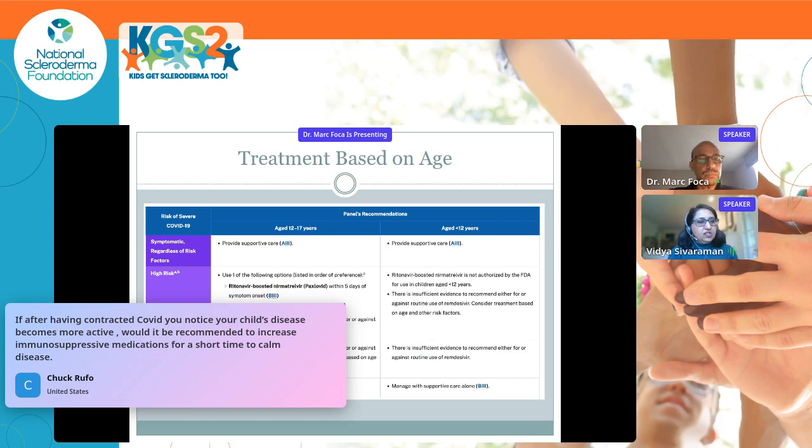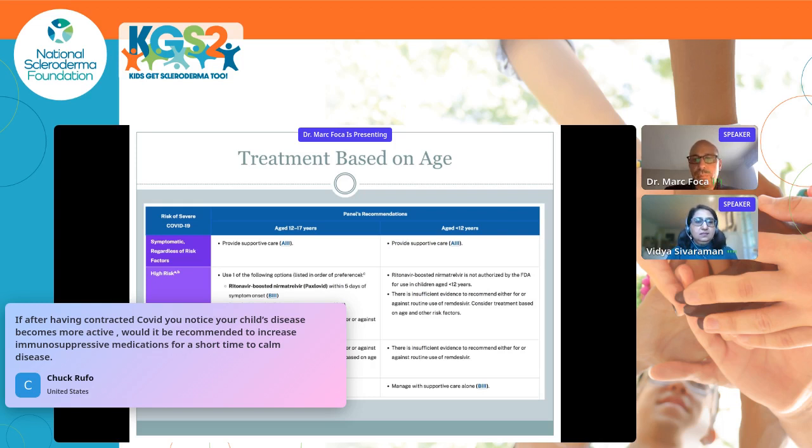Our next question is, if after having contracted COVID, you notice your child's disease becomes more active, would it be recommended to increase immunosuppressive medications for a short time to calm the disease? I would say that would be a conversation between someone like me, a rheumatologist, and you as the family, to go over the stage of COVID disease in comparison to the flare.